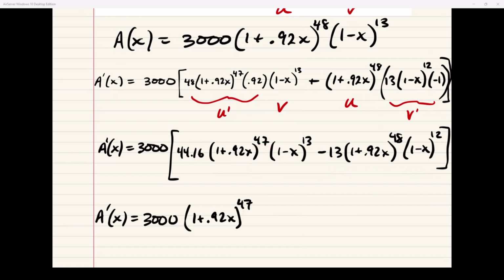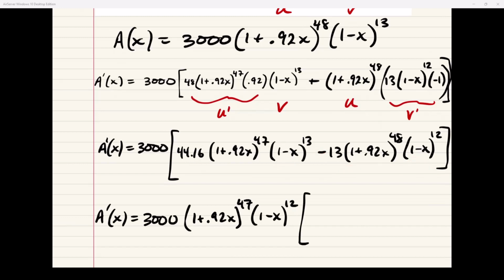That's what's in both terms. And then I could also factor out 1 minus x with a power 12, because that's the lower power, looking at this whole term and then minus this whole term. They both have a 1 minus x, but to a power 12 only in common.